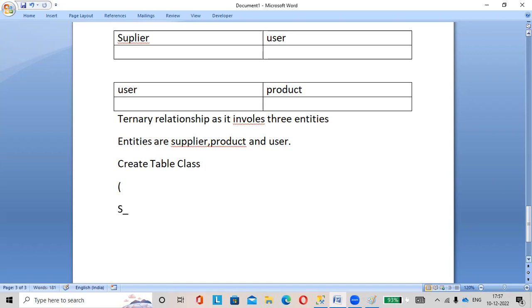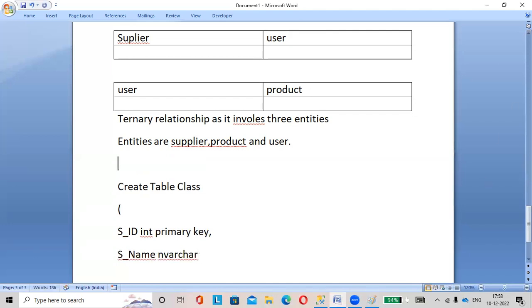Here student ID int primary key, then student name nvarchar. DCL commands: grant and revoke.